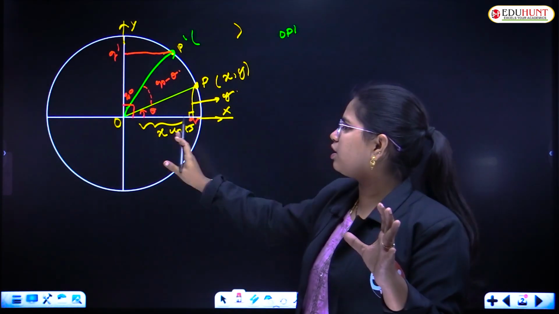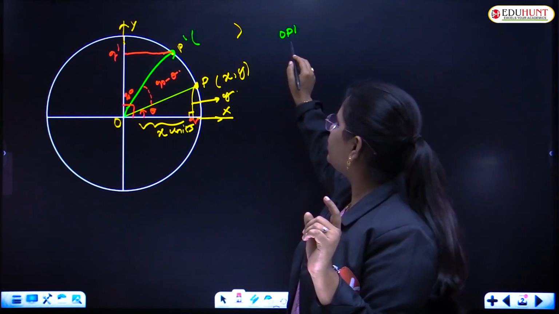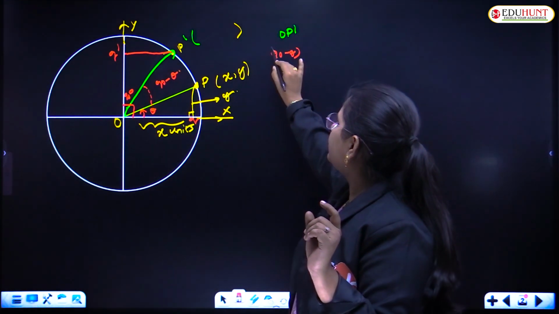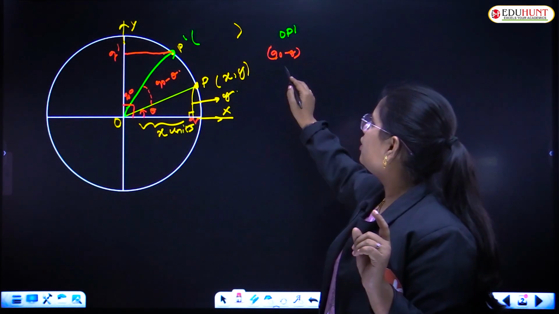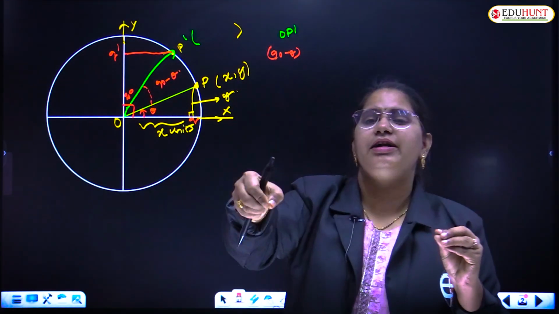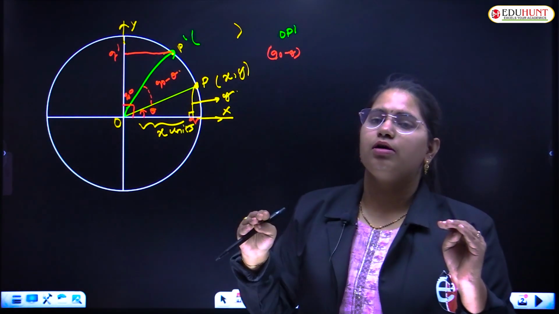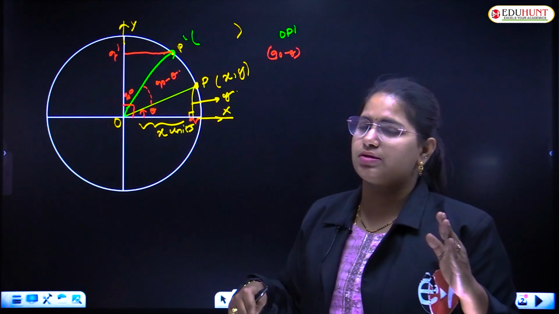So I have taken all the terminologies. So first target, what do you need to find? I need to find 90 minus theta, correct? For that, whenever I take some particle P dash on the circle, an angle is formed with OP dash and the x-axis.